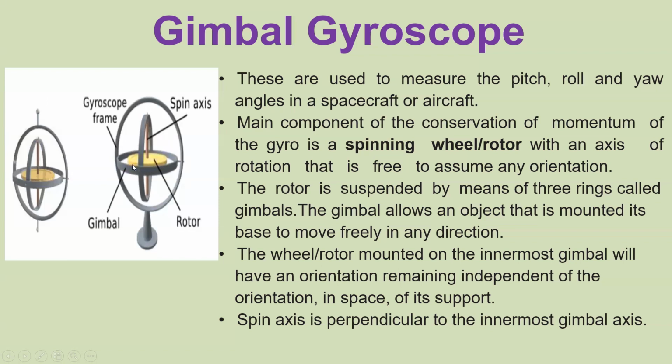But these other gimbals will keep on rotating. This gimbal will rotate when the orientation of the object changes. But even though the orientation changed, as there is no change in momentum, this should not change the direction of rotation.